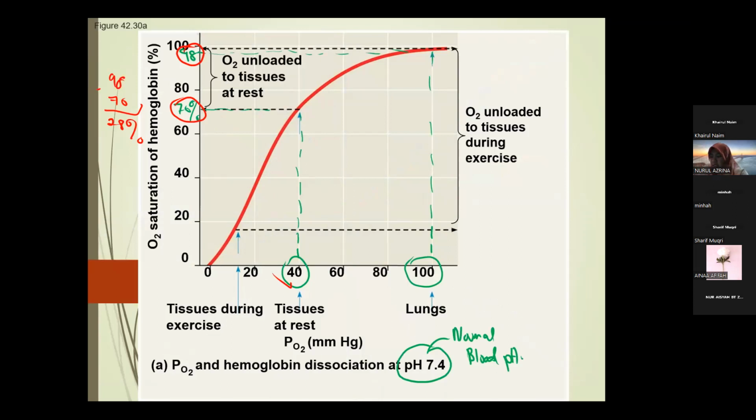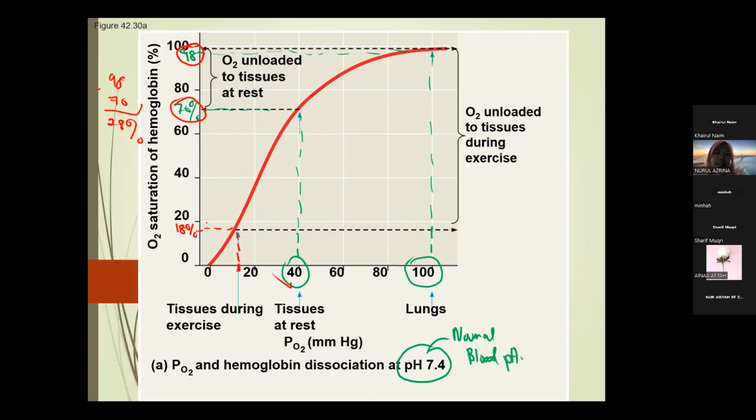In this case, kita tengoklah gambar yang dia bagi ni. Dia bagi kat sini tissue during exercise tu less than 20. So we refer and look at what is the oxygen saturation. So berapa ni oxygen saturation dia? Lebih kurang 18%.